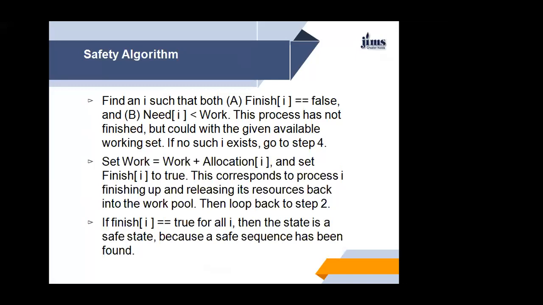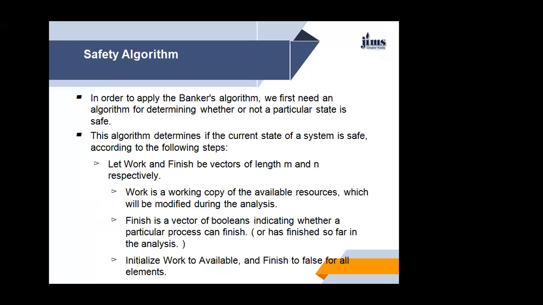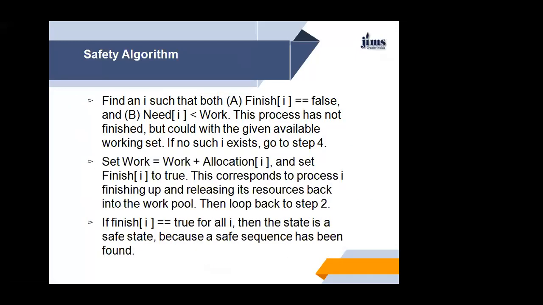So these are the four steps. Let me once again describe them. First, initialize work equals available, finish[i] equals false. In the second step, we find i such that finish[i] equals false and need is less than or equal to work.